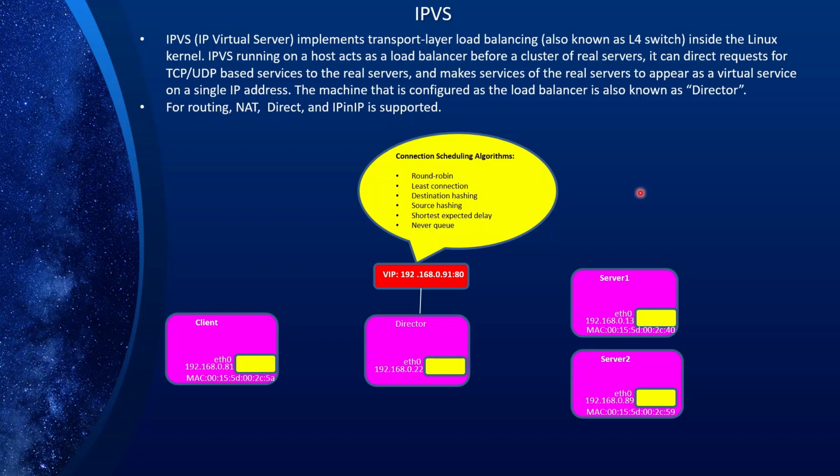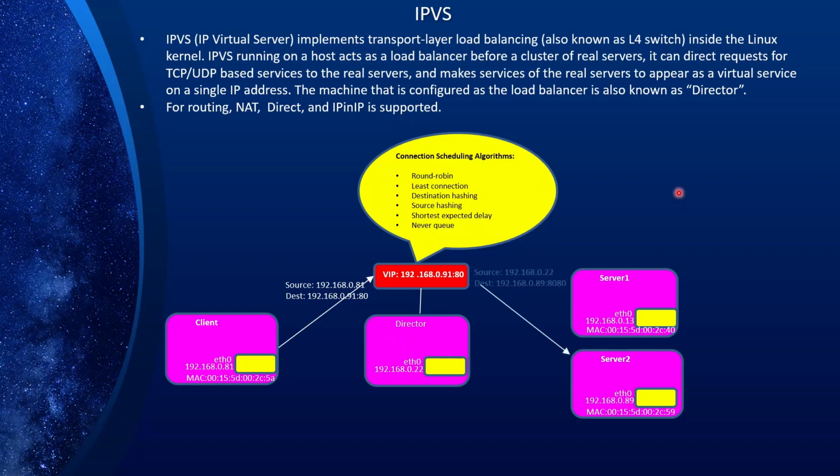So let's see what happens when the client calls into this virtual IP address. As part of the request, it sends its source IP, which is the IP address of the client itself, and the destination would be the IP address and port number of this virtual IP.